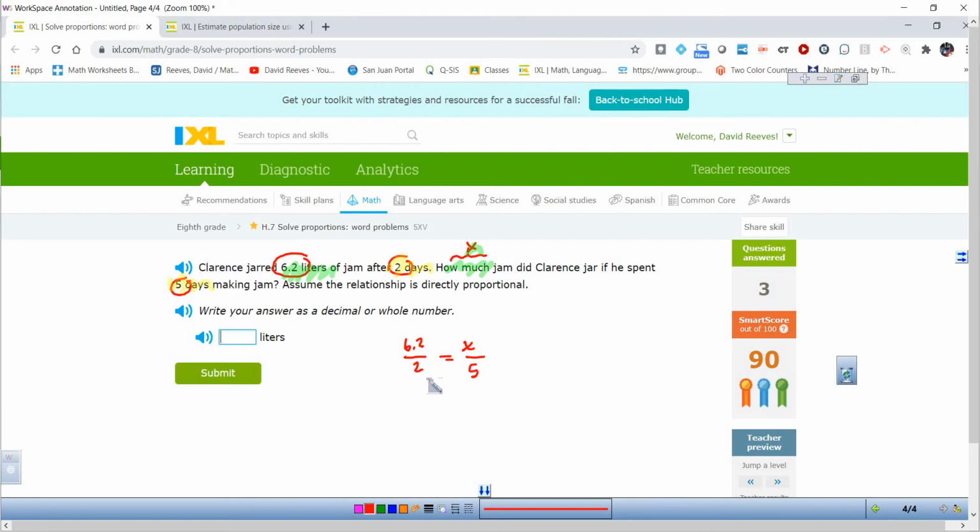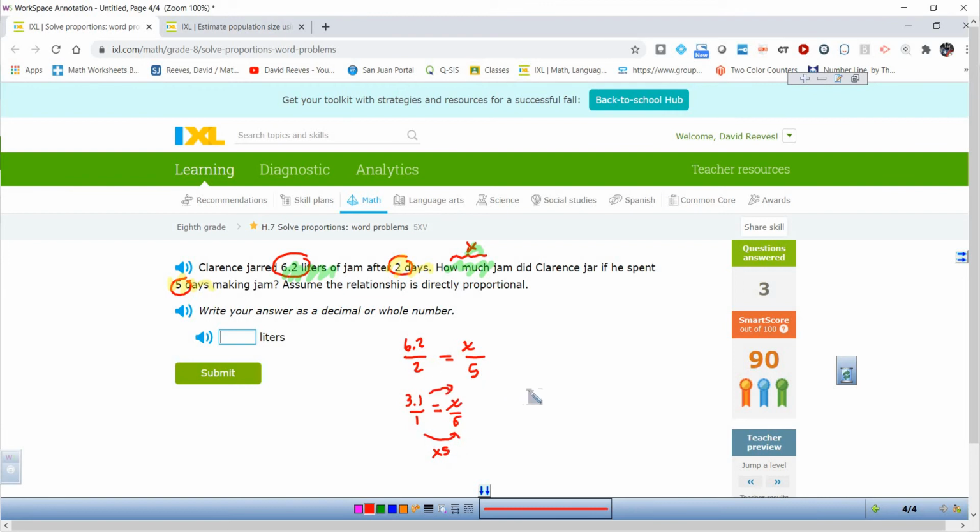Okay, so here we go. 2 does not go into 5 evenly. I can simplify this, right? I can take 6.2 and divide it by 2, and I get 3.1 over 1 equals X over 5. And now the nice thing is I know that 1 times 5 is 5, right?